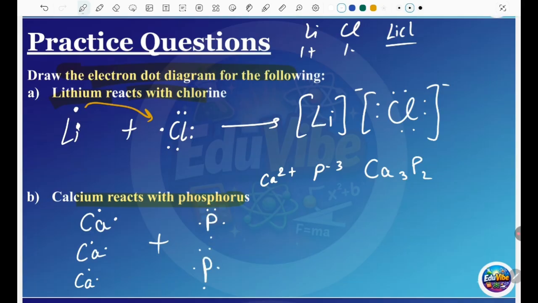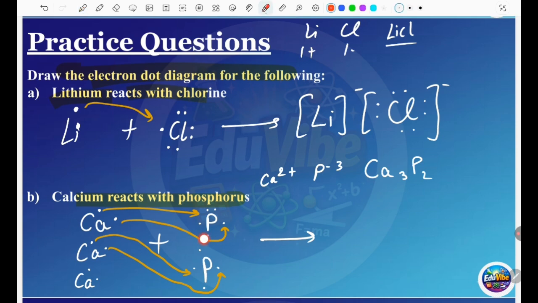Now phosphorus wants all of them to be stable with this. So what we can do: this one is transferred to this, and this one is also transferred to this. This one transferred to this, and this one transferred to this. This one and this one too. All of them we only have 7 in both, but we want 8.